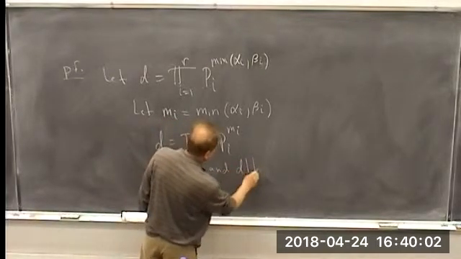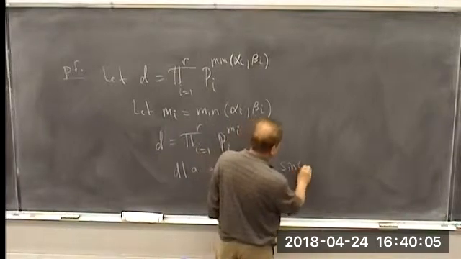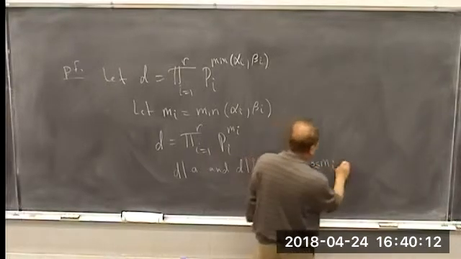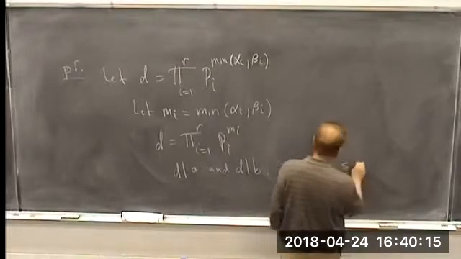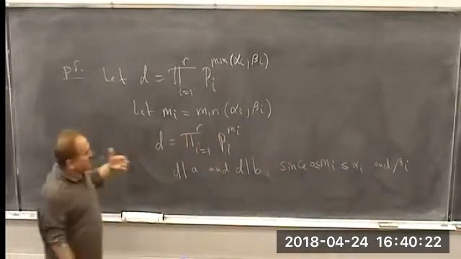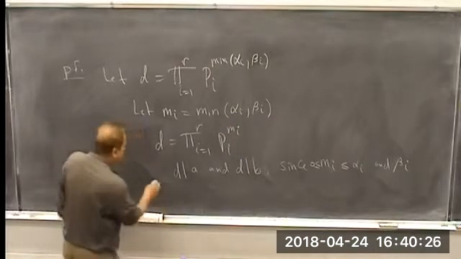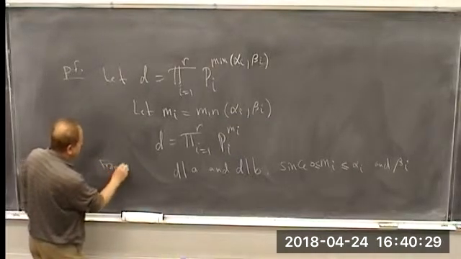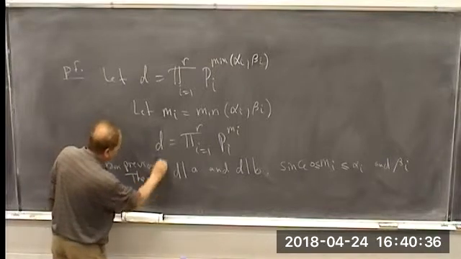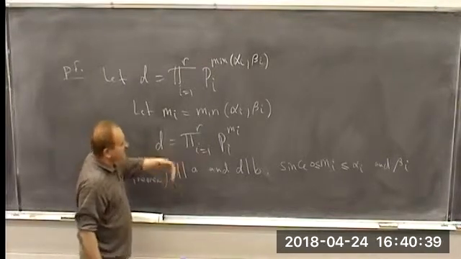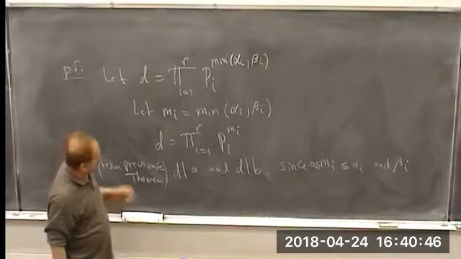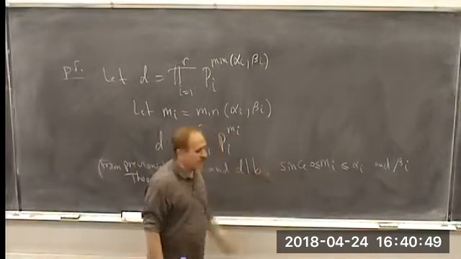Why is that? Since this m_i is bigger than or equal to 0 and less than or equal to both alpha_i and beta_i, by a previous theorem, remember that A divides B if the exponents of this divisor, the number that divides, are less, and they do satisfy that.